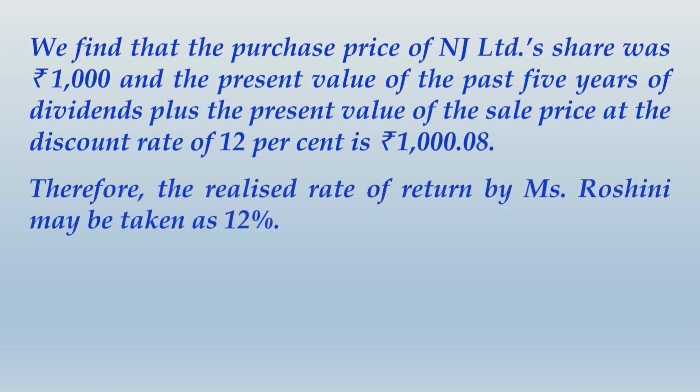Therefore, the realized rate of return by Miss Roshni may be taken as 12%, which we can definitely call IRR, and this 12% is the cost of equity. And the approach that we have applied over here is the realized yield approach.